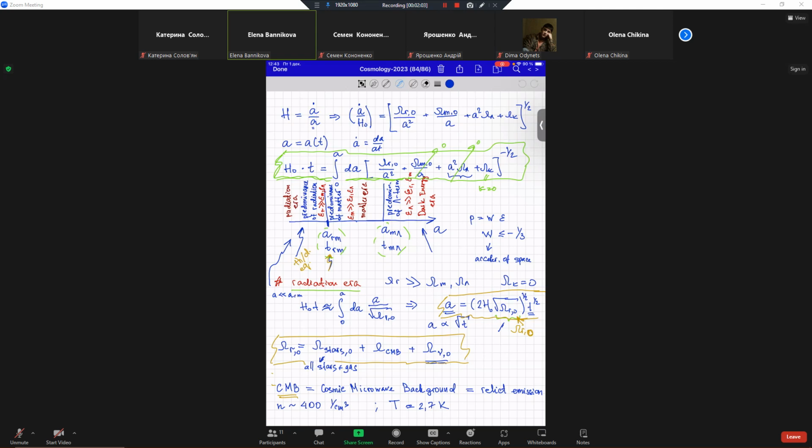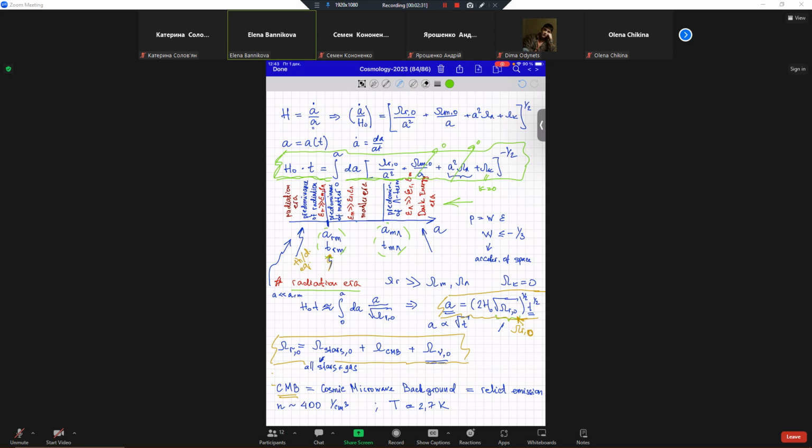So this is the radiation era. This is the predominance of matter, and this is the era when the lambda term is much more important and gives a much larger contribution to the total energy density.